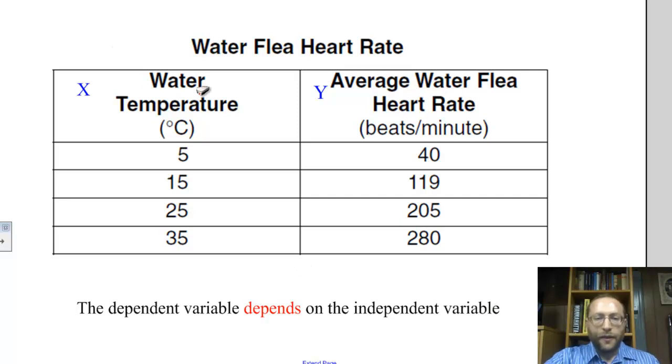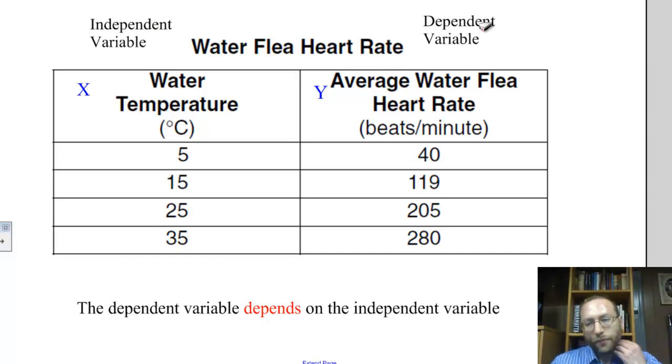And since the water temperature will change the average water flea heart rate, at least that's what we're trying to see if it does, the water temperature is the independent variable, and the average water flea heart rate is the dependent variable.